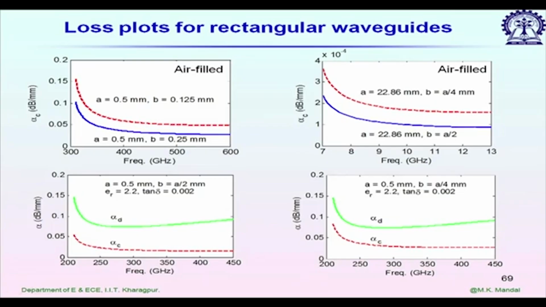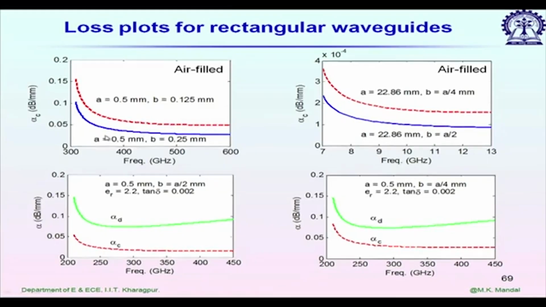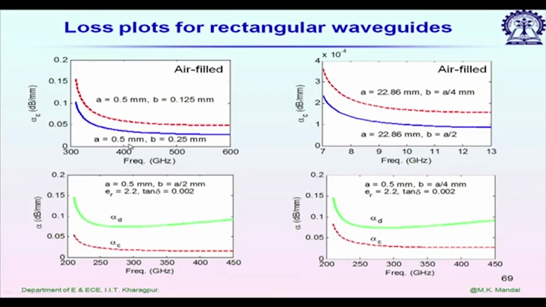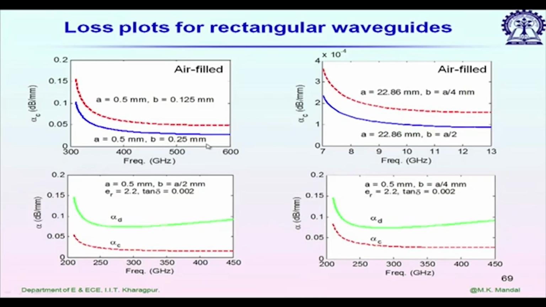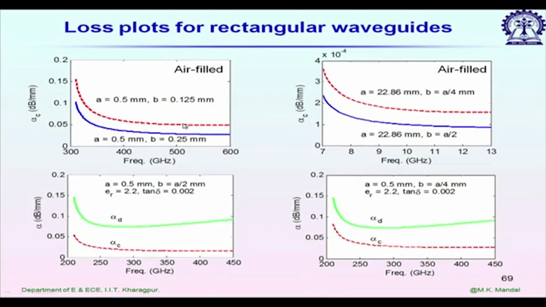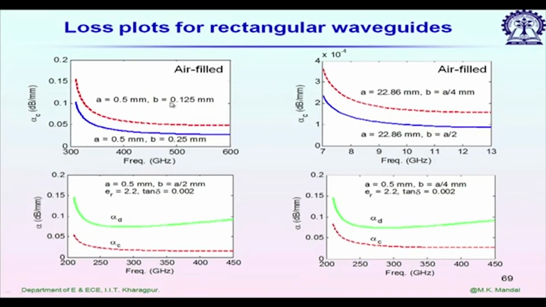Then these are the plots of alpha c for these rectangular waveguides. The first one is for A equal to 0.5 millimeter and B is equal to 0.25 millimeter, and the second one is reduced height. So, B is 1/4 of A. As we expected, the red line, which corresponds to the thinner waveguide, is giving higher alpha c value.